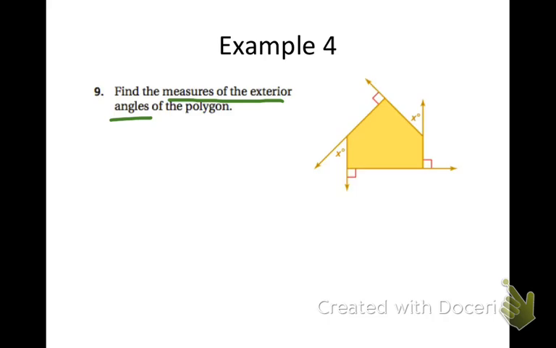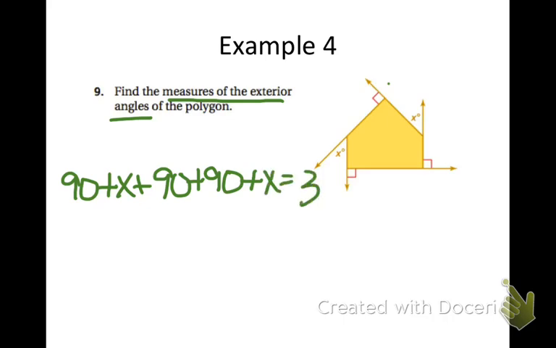We know that they all add up to 360, so it doesn't matter where I start. If I start at the top, I can say 90 plus x plus 90 plus 90 plus x equals 360. So just double check that you covered all vertices. So I have 3 right angles and 2 x's. 1, 2, 3 at 90 degrees and 2 x's.